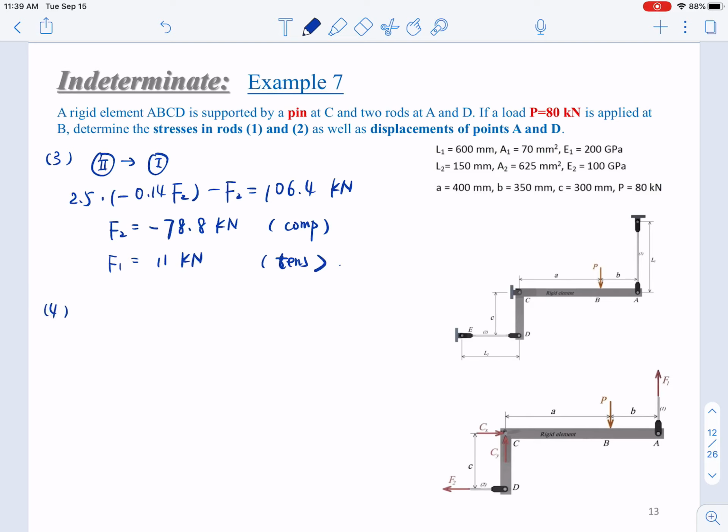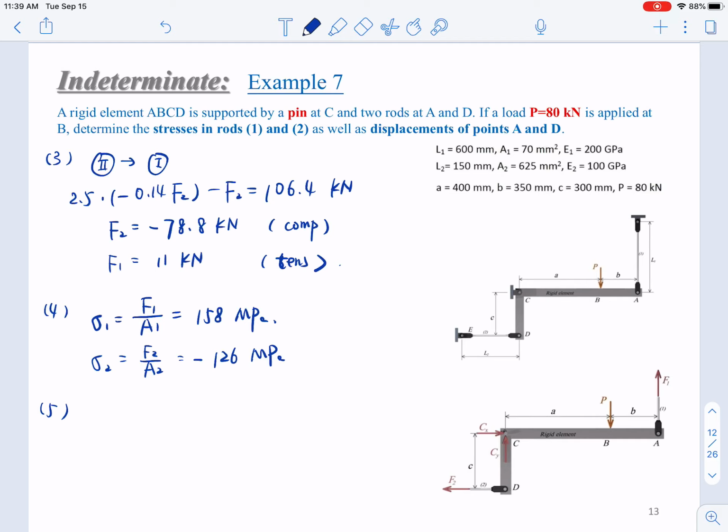All right, then the work left will be easy enough. Right, just the stresses. Sigma 1 will be F1 over A1. That is 158 MPa. Right. Sigma 2 will be F2 over A2. That is negative 126 MPa.